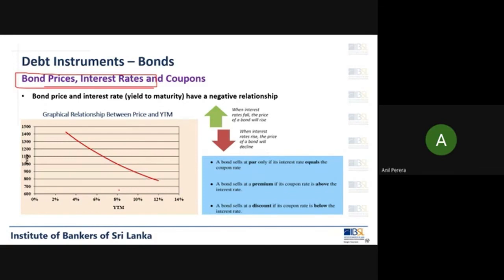They are like computer entries. You only get a computer statement. That's it. So we don't have any proof to show in modern times, only computer entries and statements. But I'll show you some samples next week of what we had in the past as treasury bills and bonds. Is that okay?